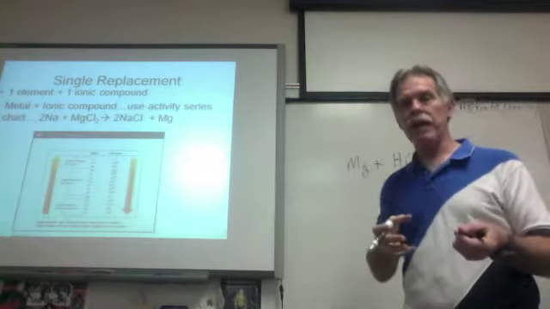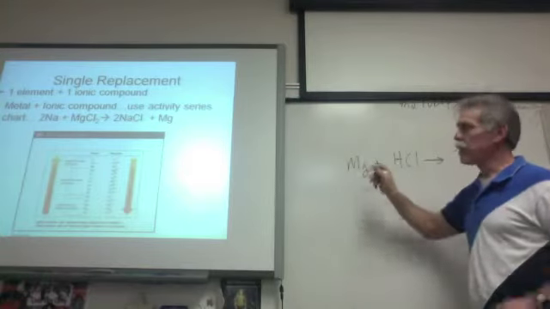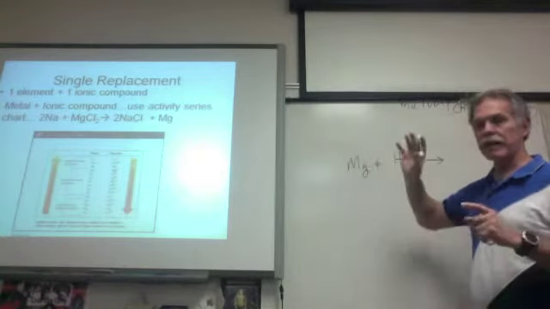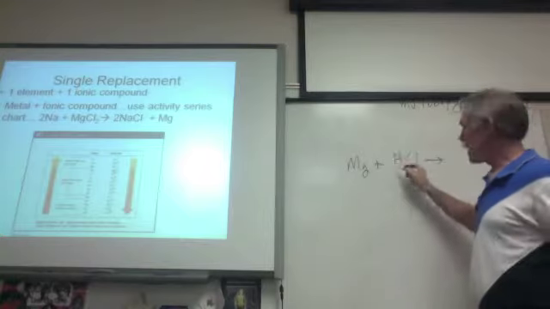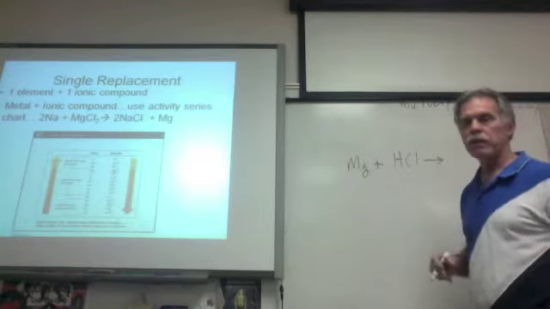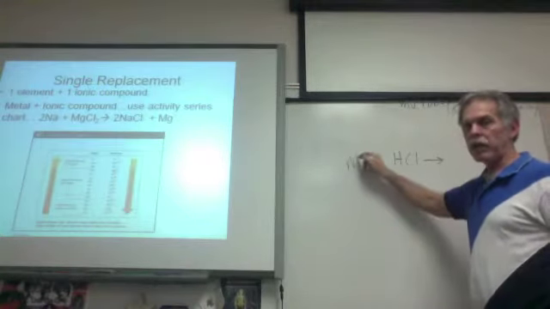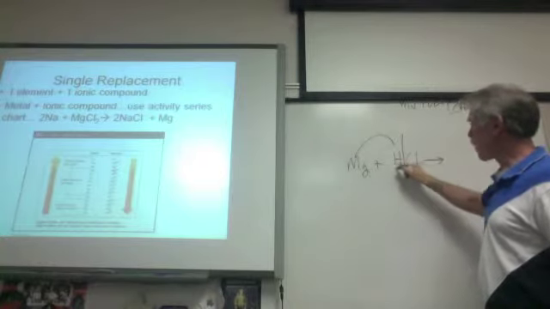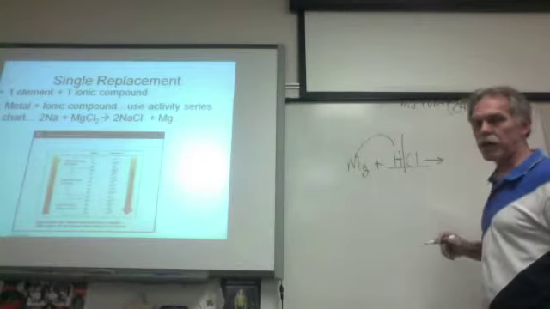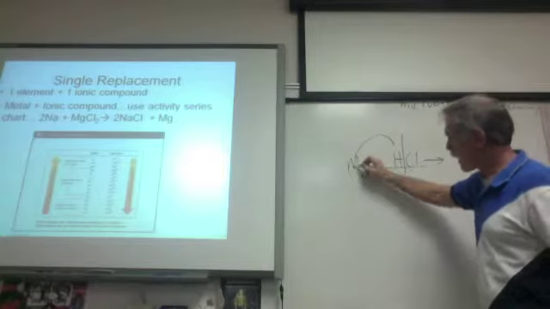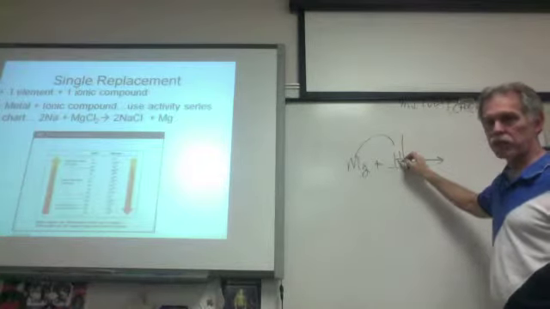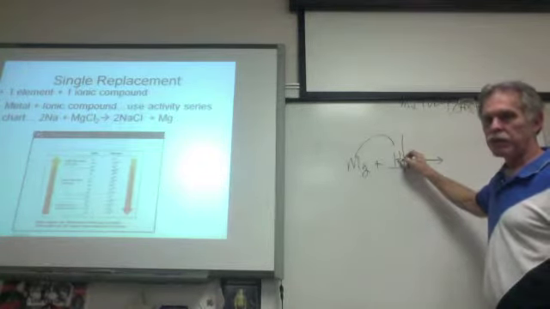We have to look at it to figure out, does the reaction happen? We look at our activity series, we see magnesium is number 4 or 5, and hydrogen is down below the middle. So magnesium's higher. You're going to draw a line after the first capital letter in the compound. The metal will compete with the first element in the compound.